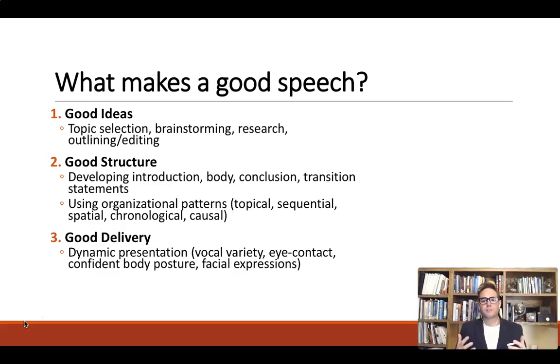It also includes confident body posture. So this is how we communicate through our body. Are we communicating confidence to our audience? Are we using facial expressions to, again, communicate emotion? So these are the three important things that we need to consider when we're developing a presentation or speech.